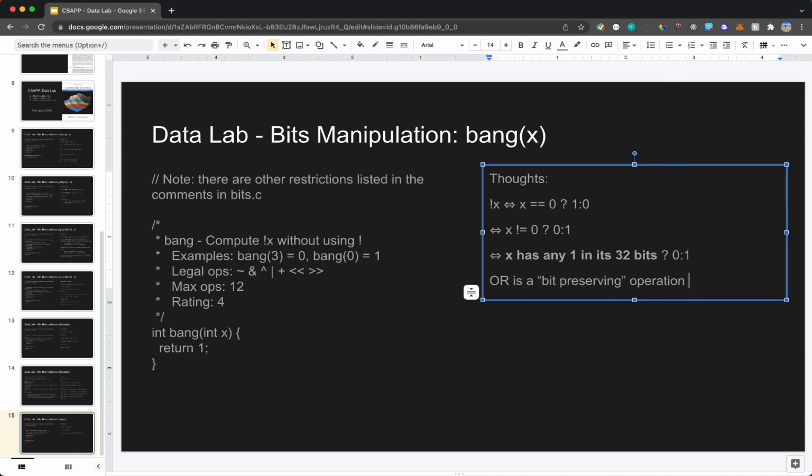What I mean is, if we do bit-level OR between any two bits, it results in 1 as long as one of them is 1, right? So 0 OR 1 gives 1, and vice versa. This operation only results in 0 if both bits are 0.